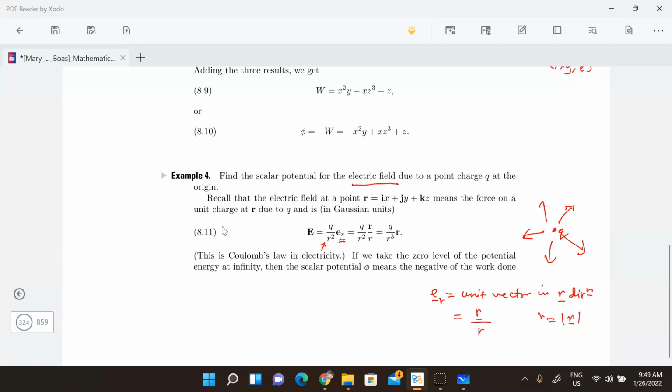So that is what actually happens over here. So you're replacing your unit vector by vector r over r, and then you are now giving it in terms of the position vector, okay, which is sometimes more convenient to look at. Okay, so now let's see what this takes us.